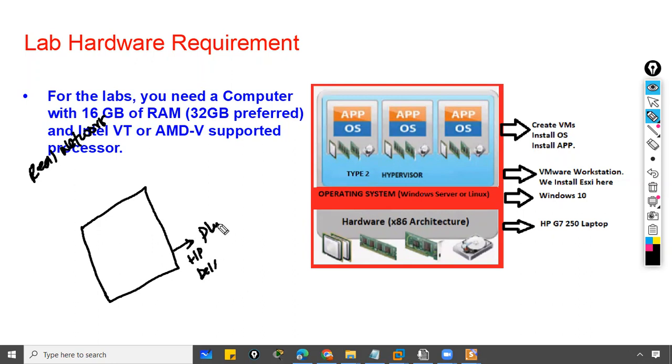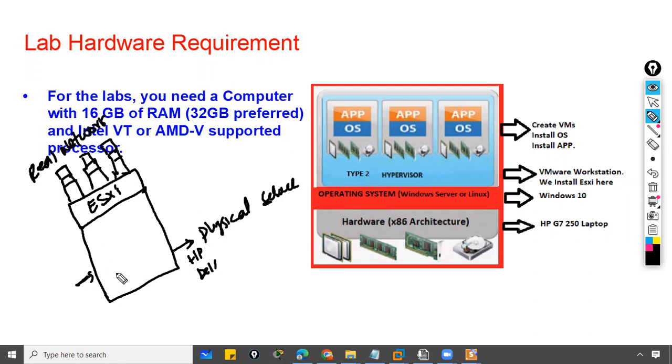This will be your physical server. On the top of this physical server, you will install ESXi. On the top of this ESXi, you will create the virtual machines. On the top of these virtual machines, you will install the operating system. Then you will install the applications.